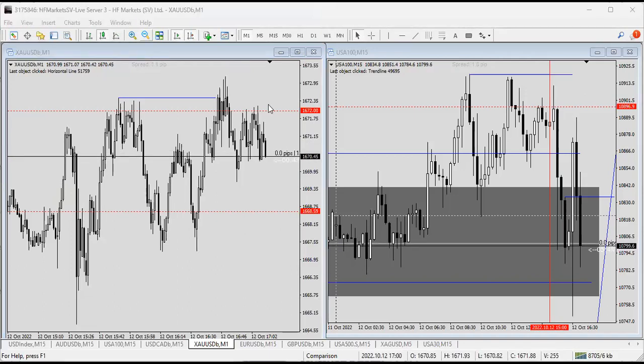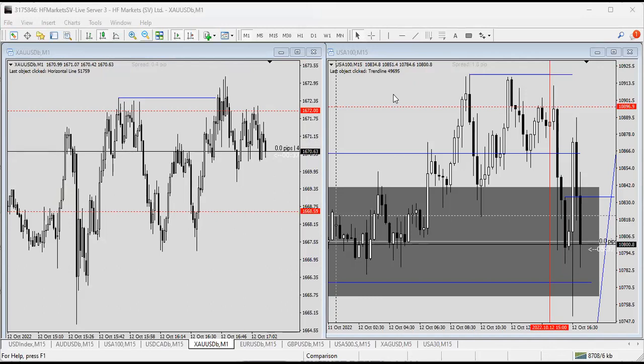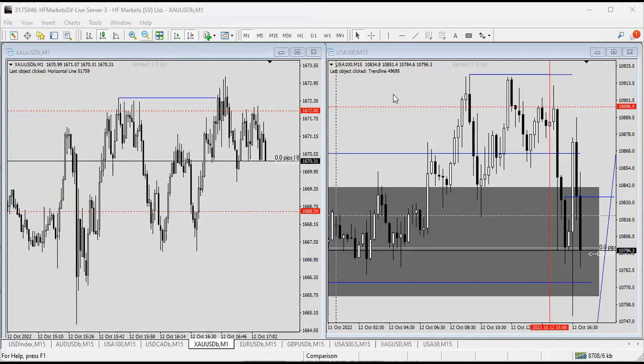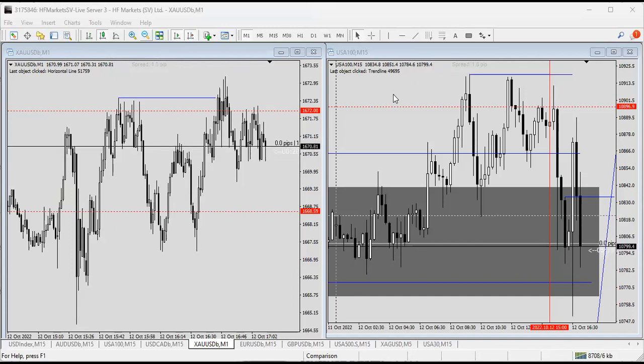Oh, the GBP guy, Lagarde, I don't know if that's the way you pronounce his name, but I think he's a GBP speaker. Man, price action is slow today.